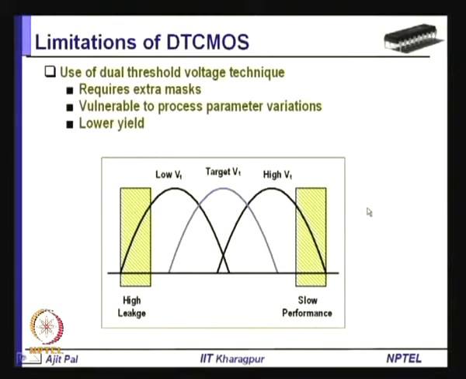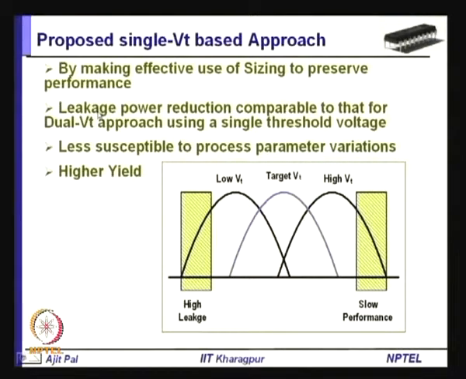How can it be overcome? So, a single VT based approach has been proposed, and I shall discuss that. This single VT based approach makes effective use of sizing to preserve performance. Here the sizing has been used judiciously to preserve performance, and leakage power reduction has been achieved by using a single threshold voltage.